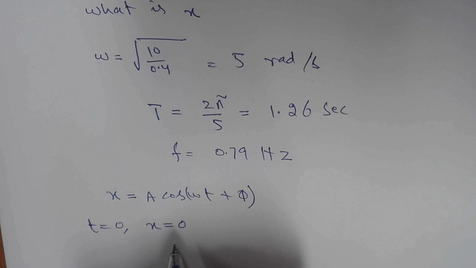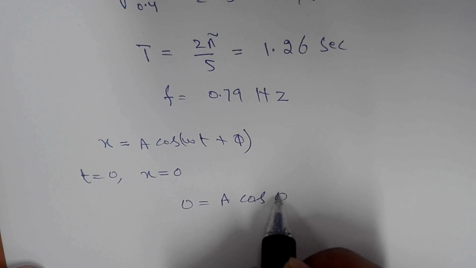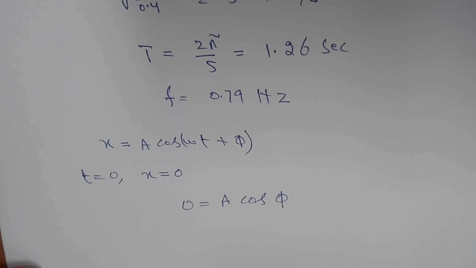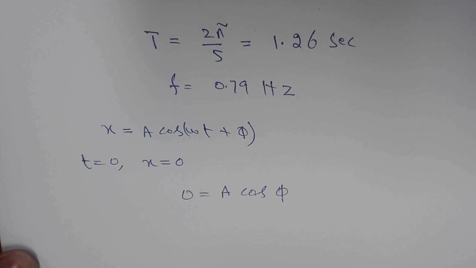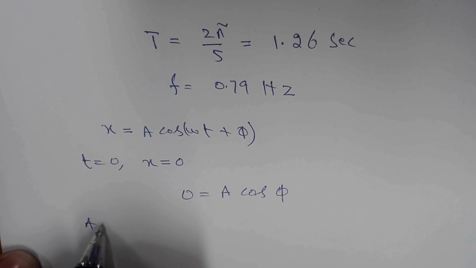So the solution right here will be 0 is equal to A cos phi. Here we know that A is not equal to 0.